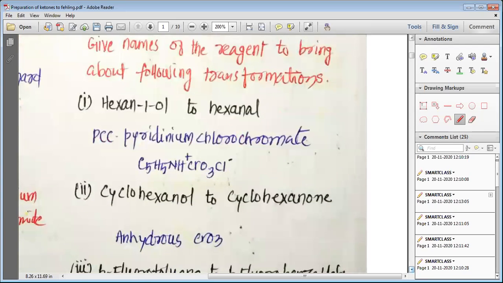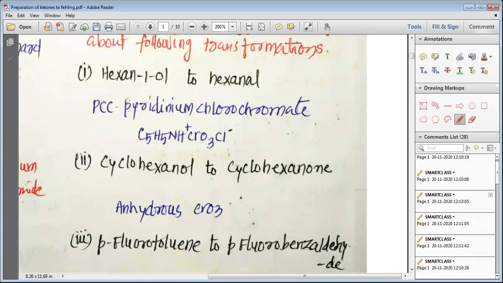Now, my dear students, we want to understand a few of the in-text questions. So, the first in-text question is about the reagent that is needed to bring about the following transformations. Give names of the reagent to bring about the following transformations. The first one is hexan-1-ol to hexanal.